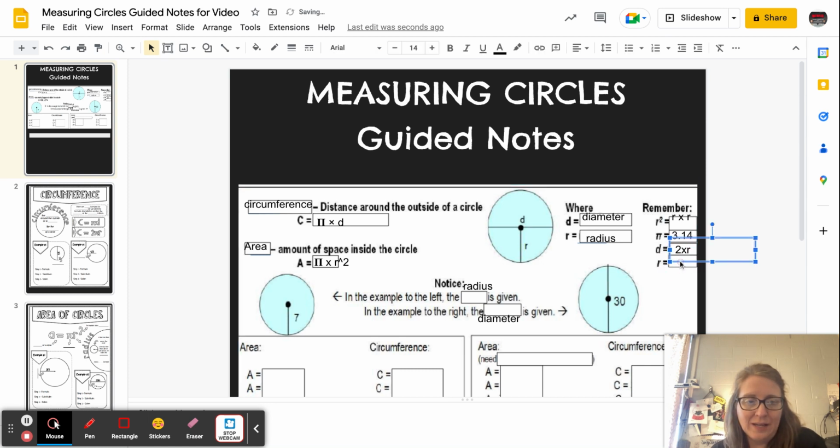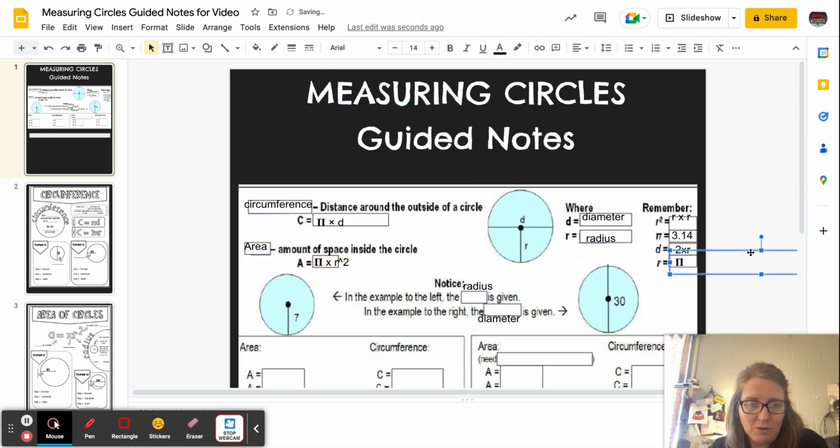And then the radius, if you need to know what the radius is and you're given the diameter, it is going to be half of that. So the radius would be half of the diameter.